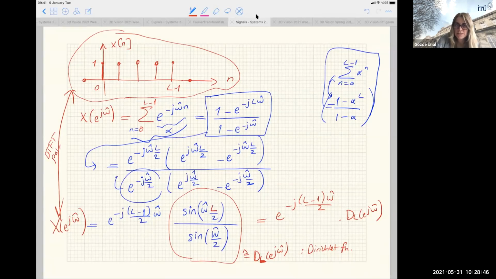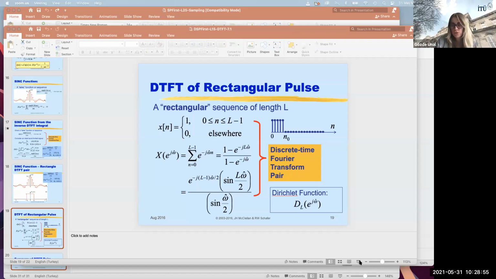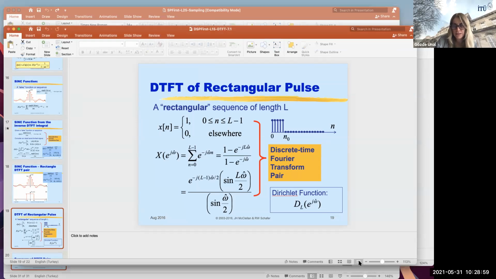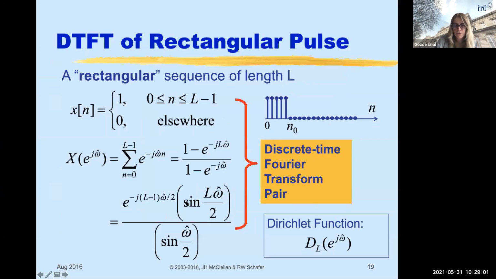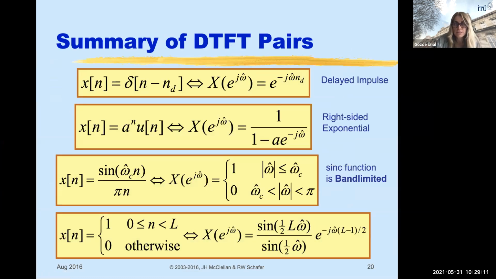The reason I did this is because we were in this slide and it showed all of a sudden, you see from here to here. Now you see how we went there, right? I think you could have done it too, but anyways. So, a summary of some discrete time Fourier transform pairs we've seen, okay?